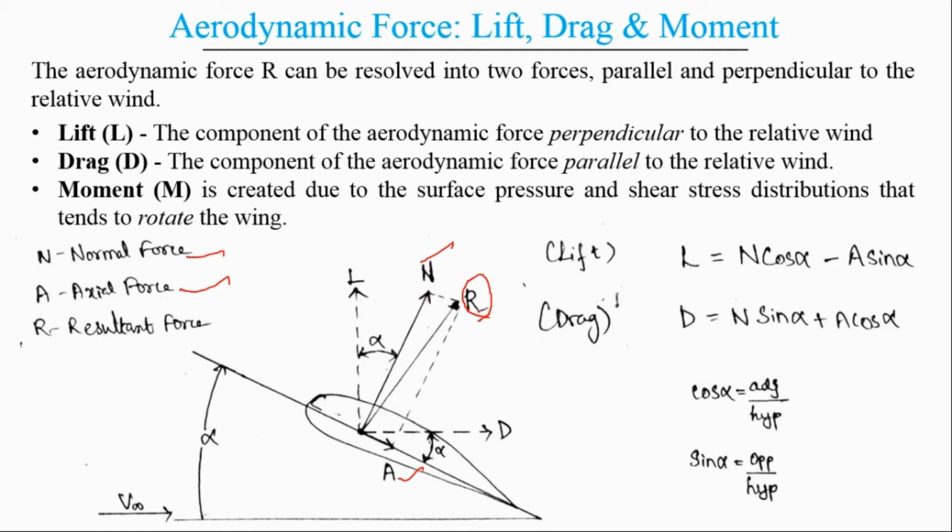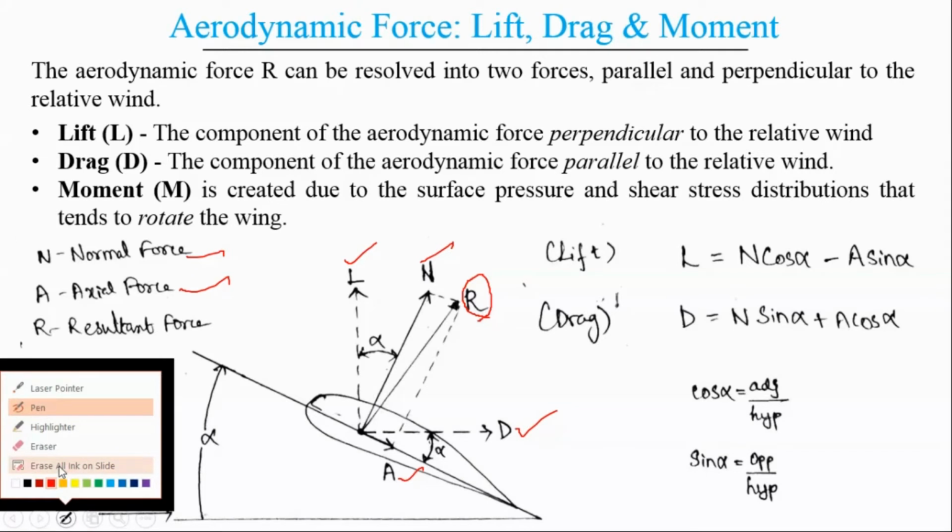But when we resolve it to find the lift and drag, we can resolve it into two components: the perpendicular component, lift, and the parallel component, drag. Now, how do we estimate it or obtain it as some value? We finally require the force in newtons or some particular value.